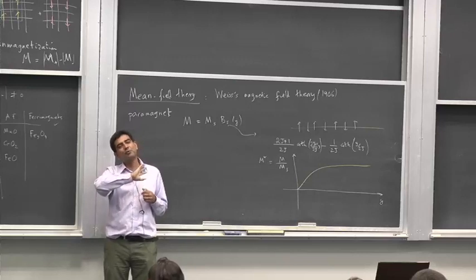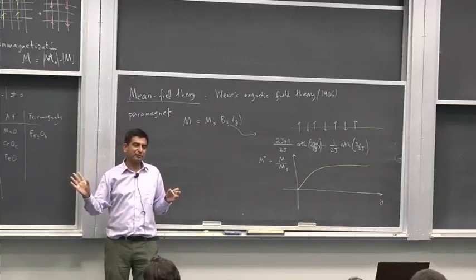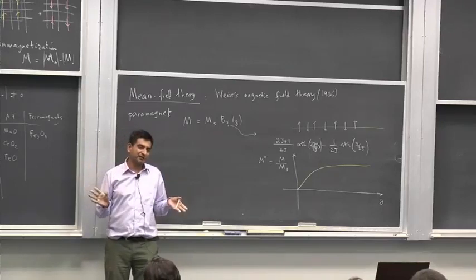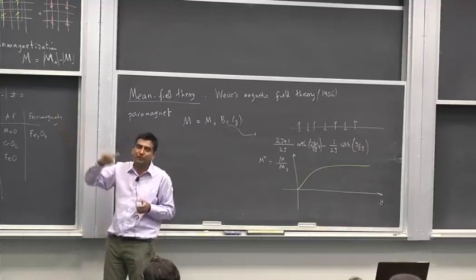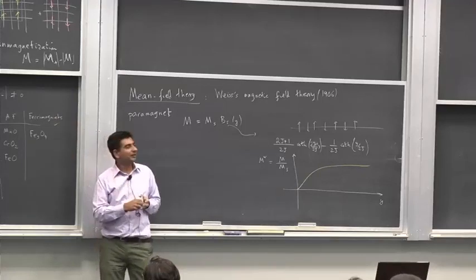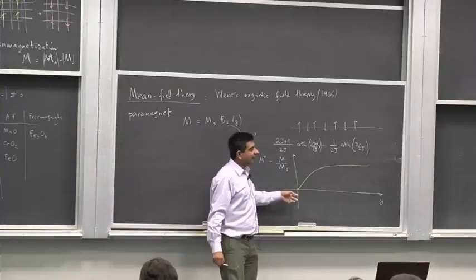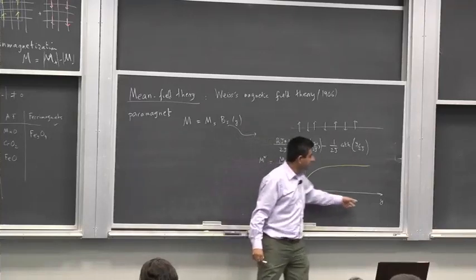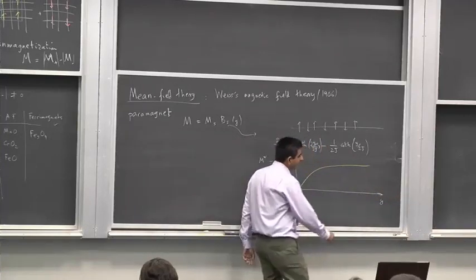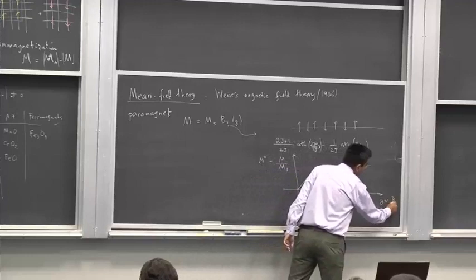Suppose I have no concept whatsoever of ferromagnets. Ferromagnets don't exist. I'm only given a paramagnetic state, and I would like to achieve that kind of ordering. What would I need to do? Where would that kind of ordering lie on this graph? That would lie at large values of y, and this y is proportional to B over T.